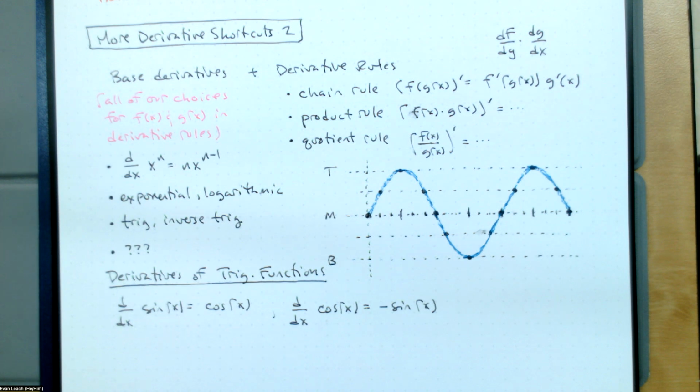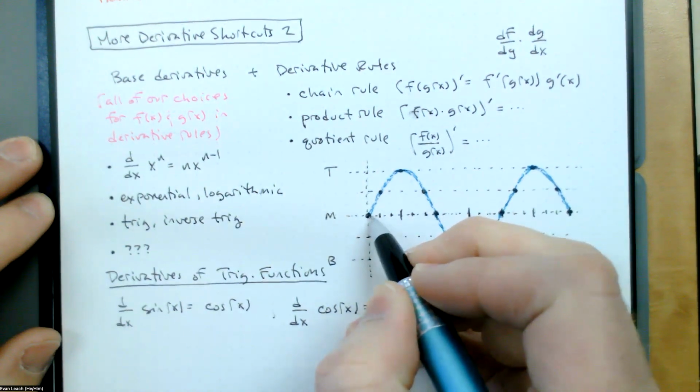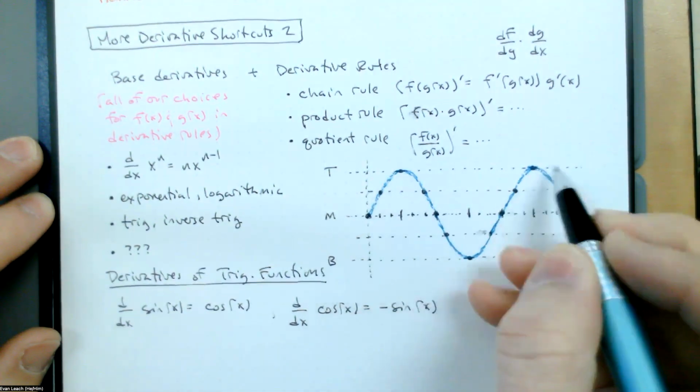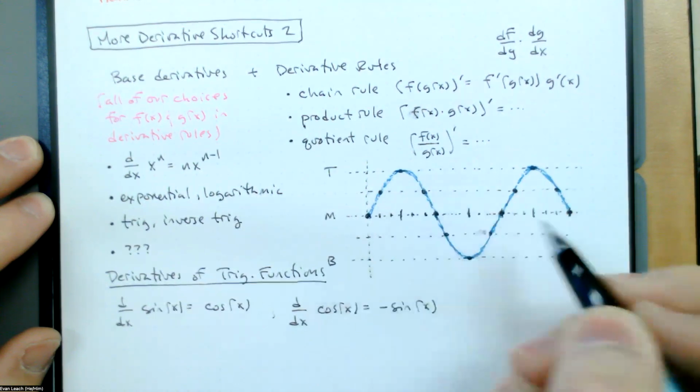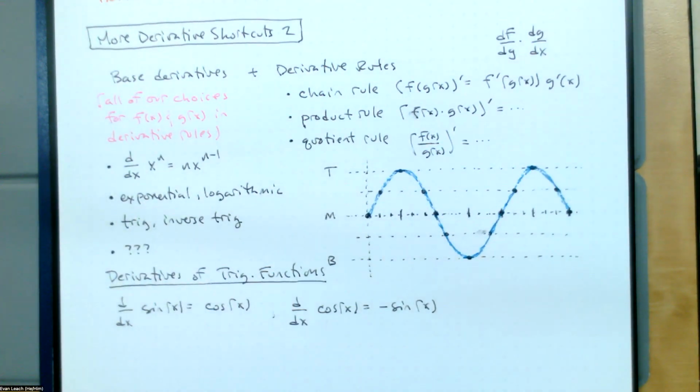So this is how we can get reasonable graphs of sinusoids. What we want to remember is that sine of 0 is 0. So sine starts here, goes up and then down and then up again. I've made it a little fat over here. Oh well. Remember that cosine starts at the top. I didn't label these down at the bottom because sine and cosine have different starting points, right?